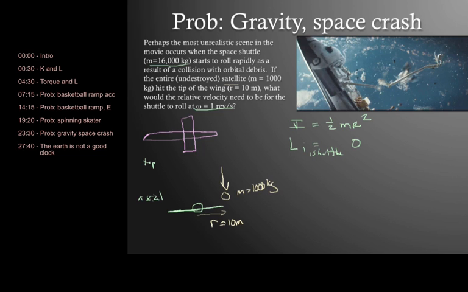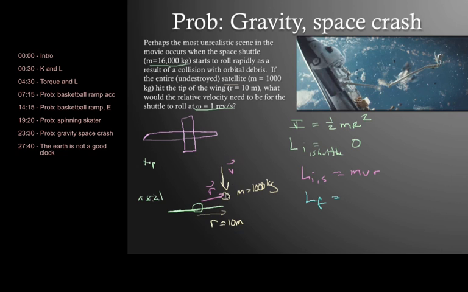So this has angular momentum, right? So here's an R, here's a nice V. If we have an R and a V, that gives us angular momentum, so mvr, right? So now we can use our final momentum, which is, let's just say all of this angular momentum got imparted onto our space shuttle.